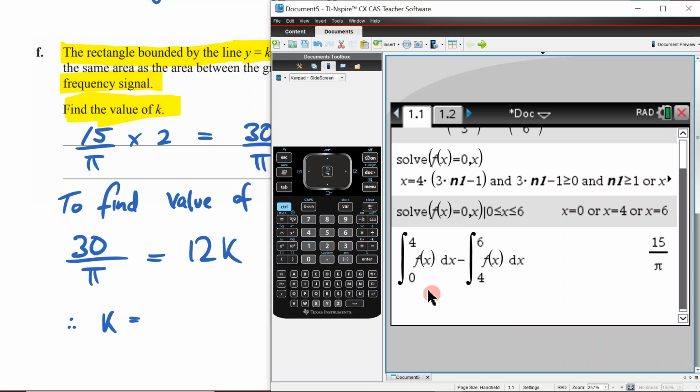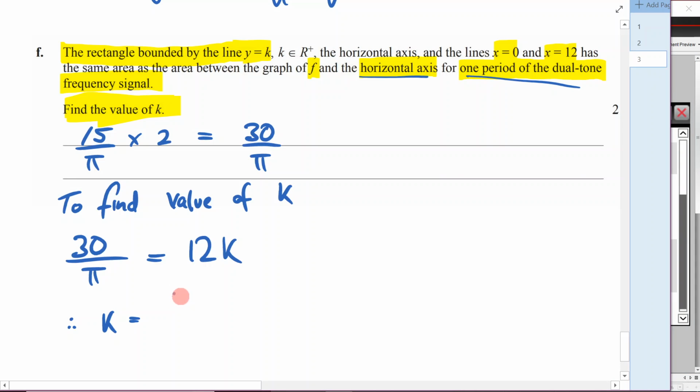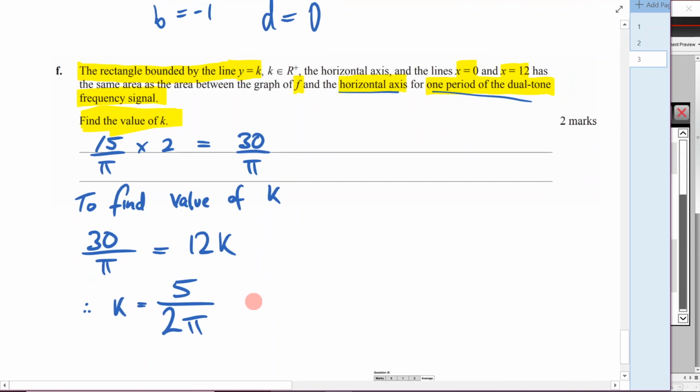Although this is pretty easy algebraic stuff, we're going to solve 30 on pi equal to 12k, and I'm solving it for k. My answer is going to be 5 on 2 pi. So if you've got the CAS, why not use it? It's going to be 5 on 2 pi, and that is going to be my answer.